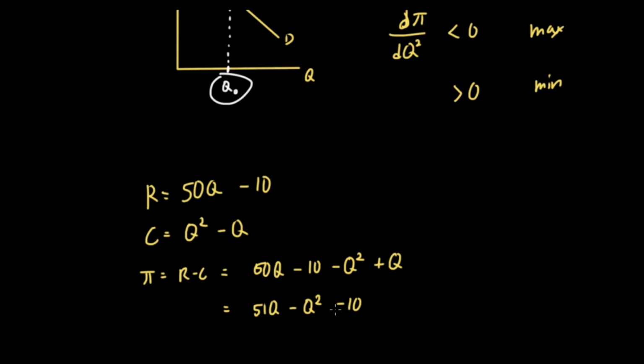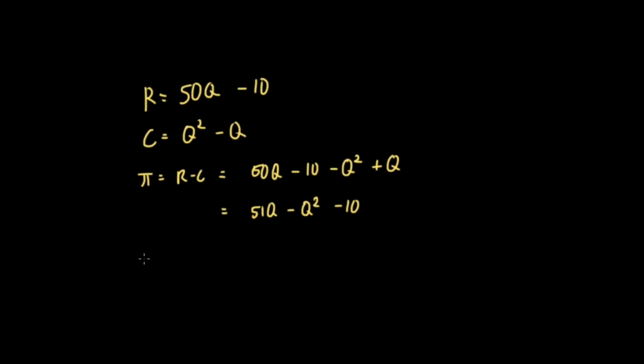And so now what the firm wants to do is to try to maximize its profits given its profit function. To do this, we have to take the derivative of pi with respect to Q. And so what this gives us is 51 minus Q. Since we know that to find the maximum or the minimum, we have to equate this to 0, this would now be equal to 0.